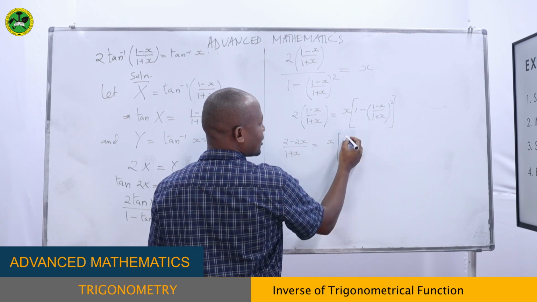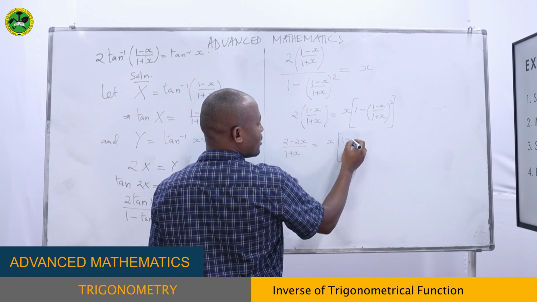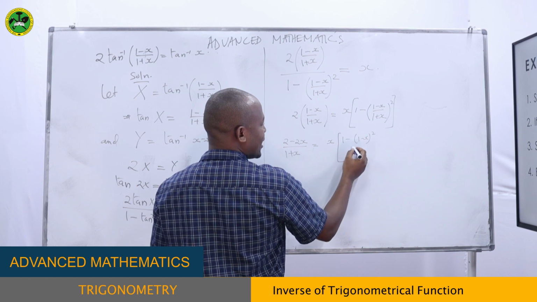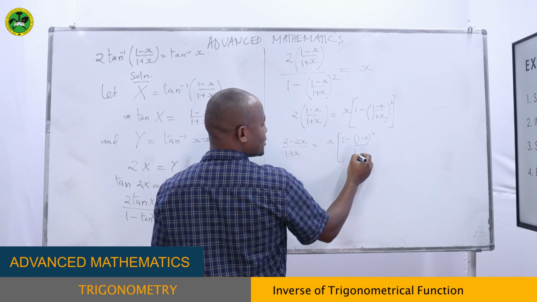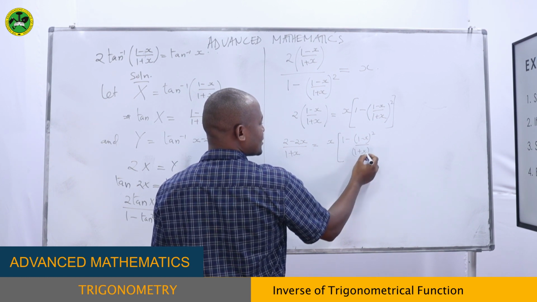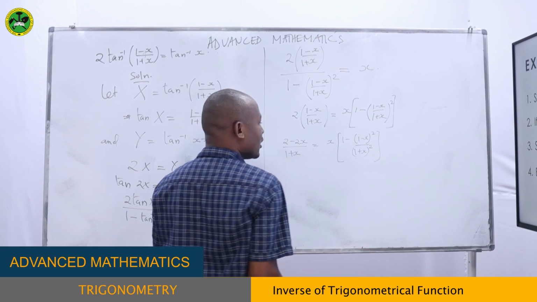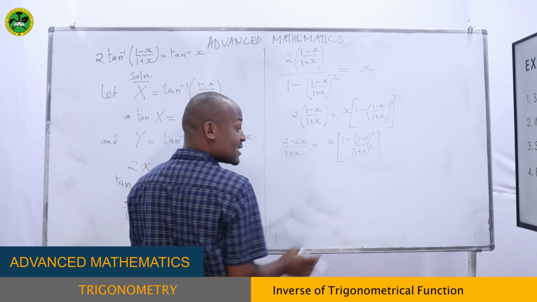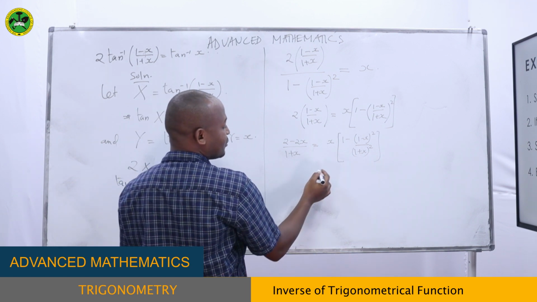Let me write it in a much simpler way. 1 minus ((1 − x) squared over (1 + x) squared). Don't be shy, because you don't learn mathematics by doing that; it's much safer for you.